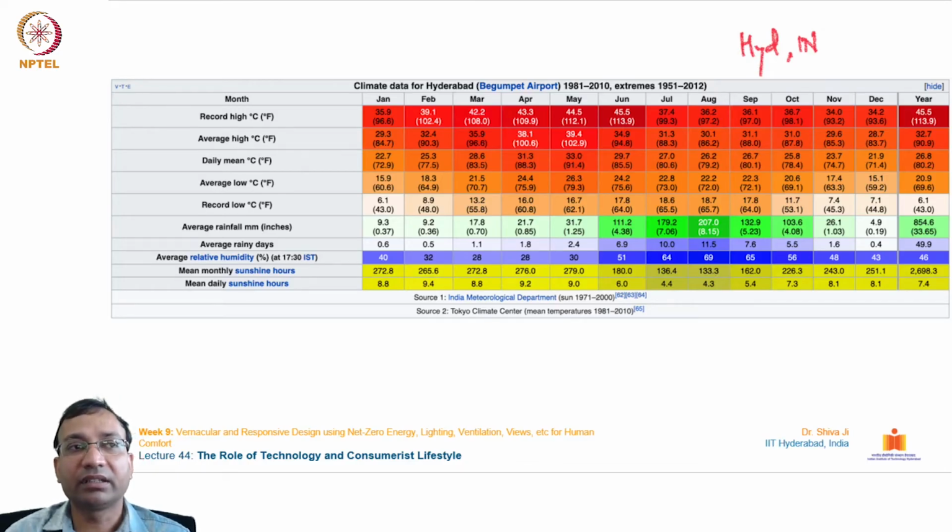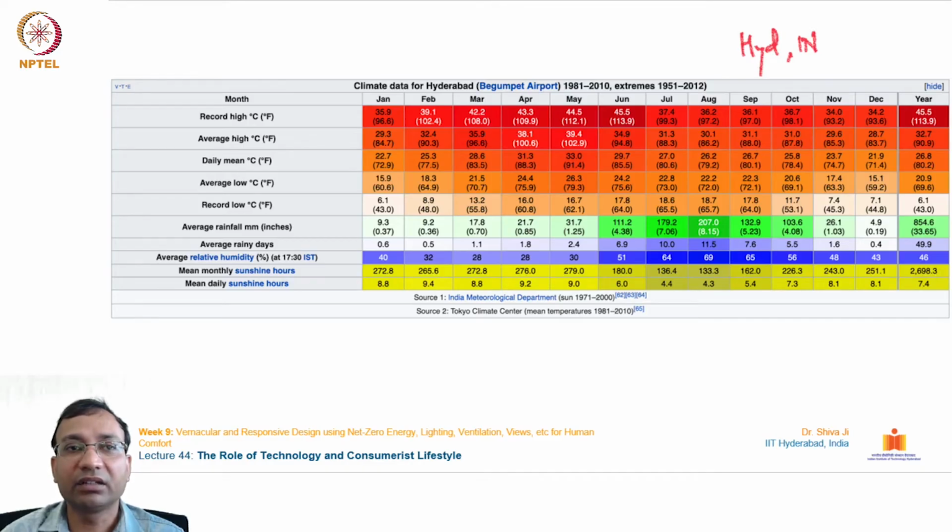I think recorded in the month of January. So this is the distribution of temperature in these months, and if you see the rainfall, August is supposed to be one of the wettest months with 207 millimeters of rainfall.